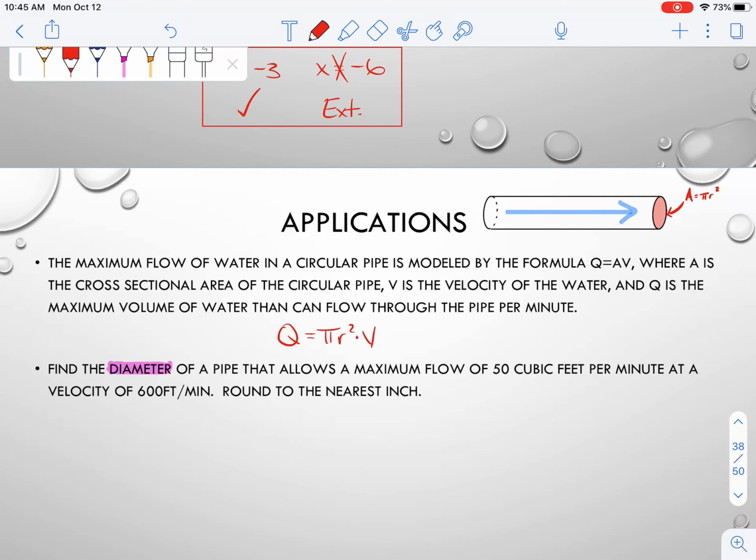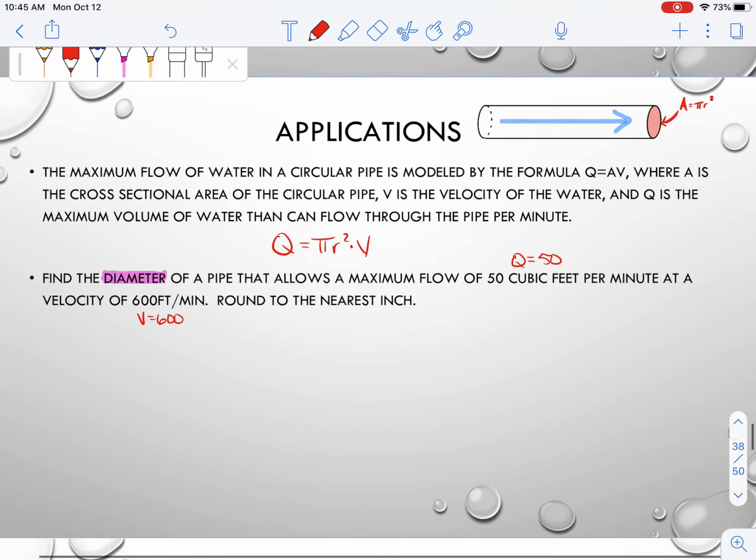That's actually going to be Q, not V. At a velocity of 600 feet per minute, that's my V. When I solve this, I'm going to solve for r, so I'll find the radius, and then use that to find my diameter.